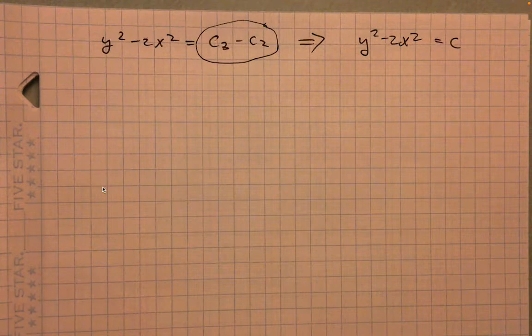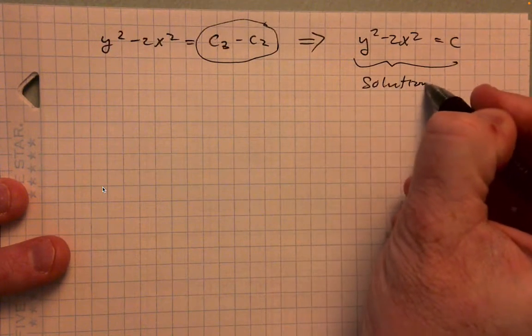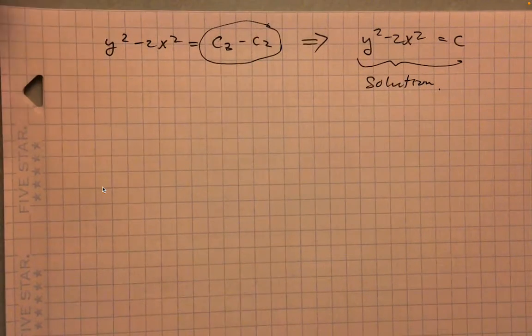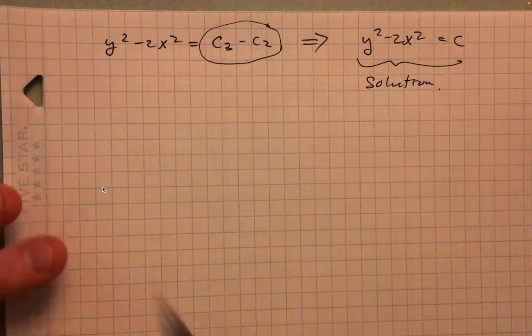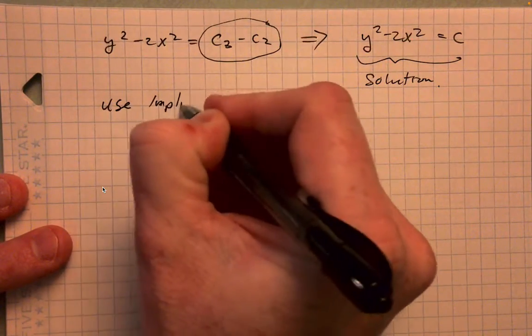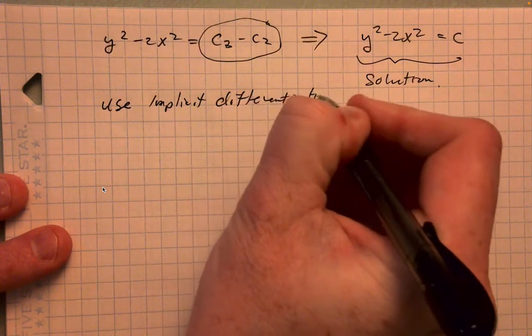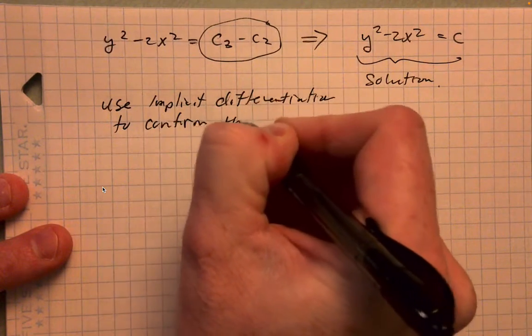Now this equation here, this is the solution to our differential equation. Now, that being the case, we ought to be able to differentiate this and get back to the original equation. And so we can use implicit differentiation to confirm this solution.